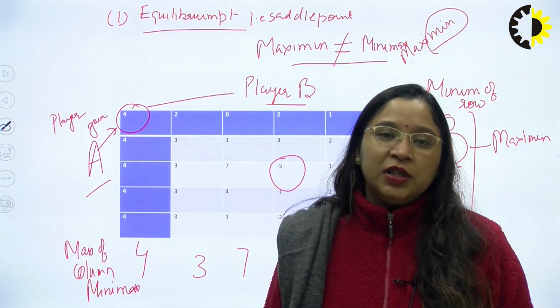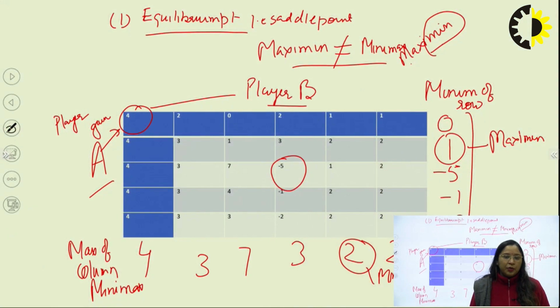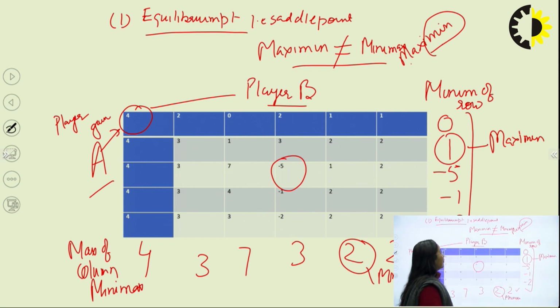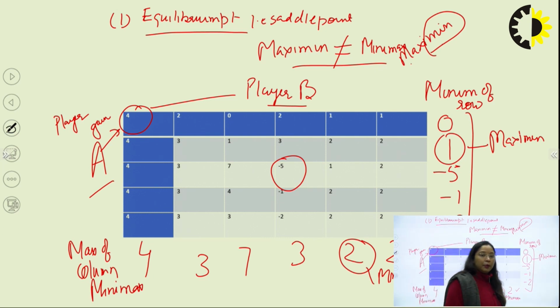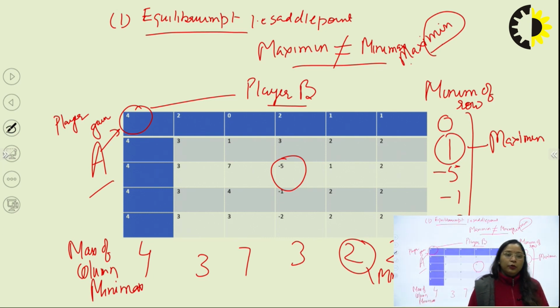We have not achieved the equilibrium. So we have to find the value of the game where each opponent can use that strategy to go to the equilibrium. So here it is the case of mixed strategy. So we have to use the dominance method to solve this problem.